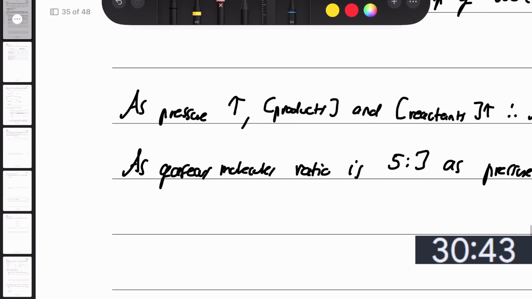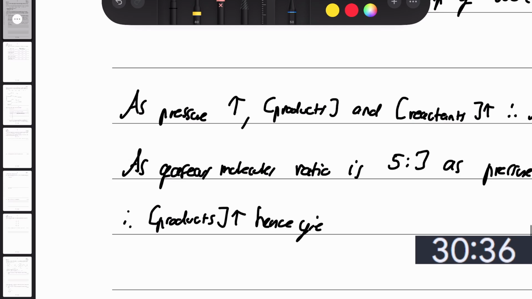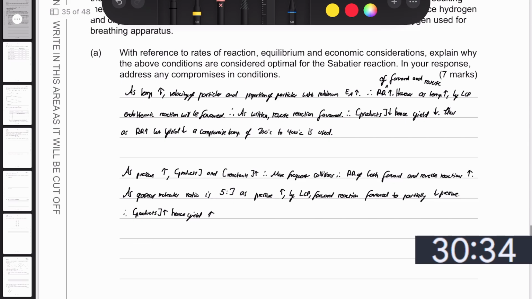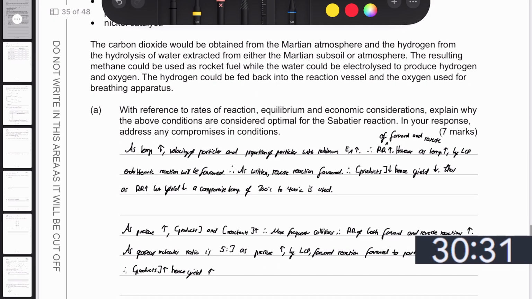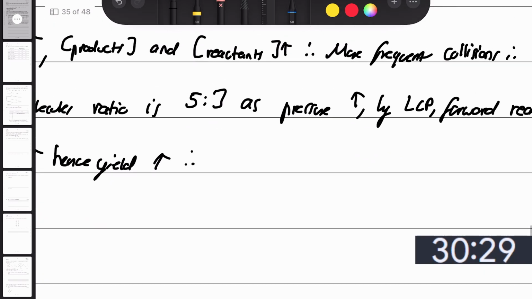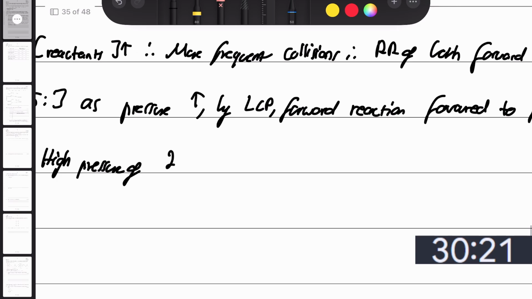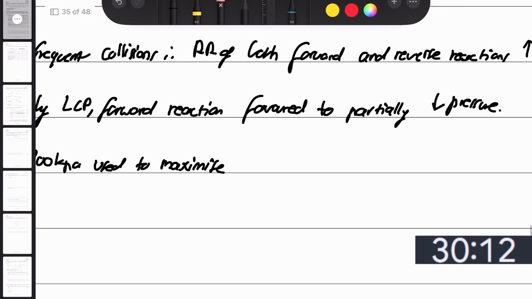So then therefore the products increase, hence yield increase. Thus high pressure of 200 to 300 kilopascals used to maximize yield.